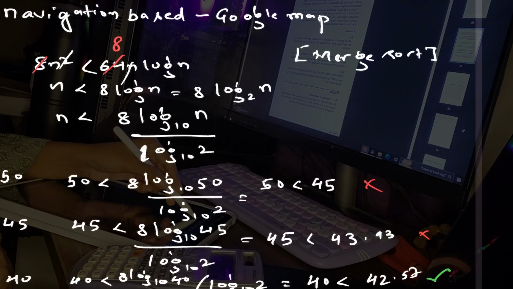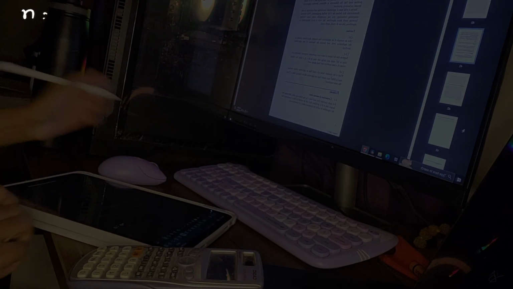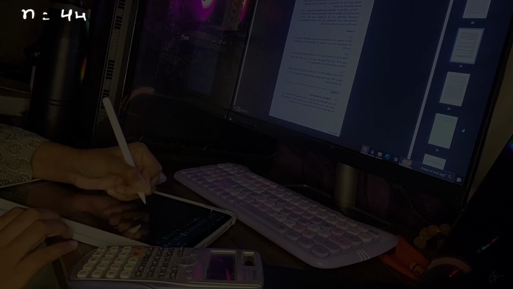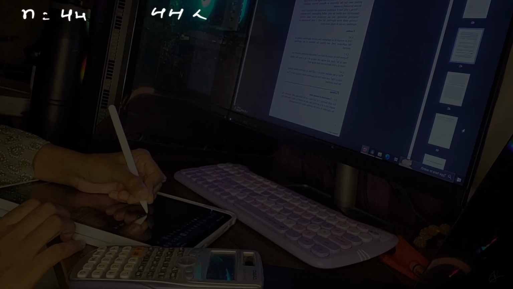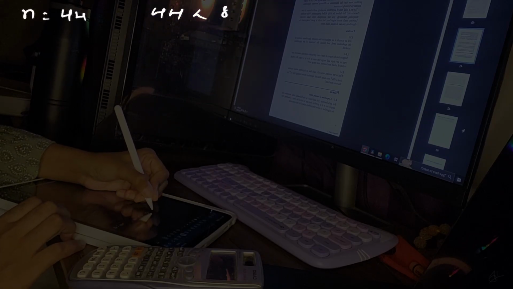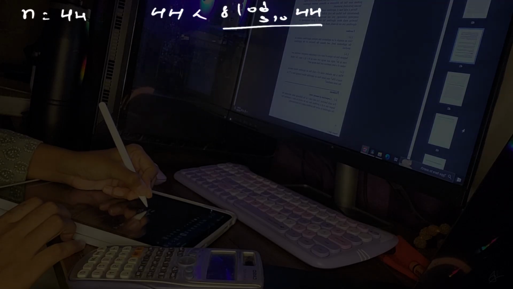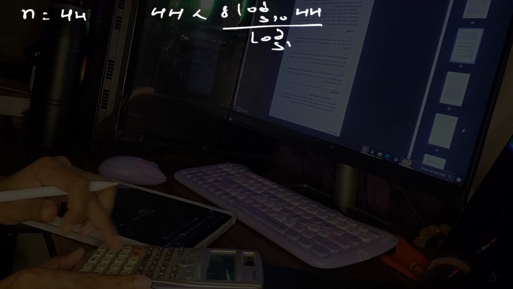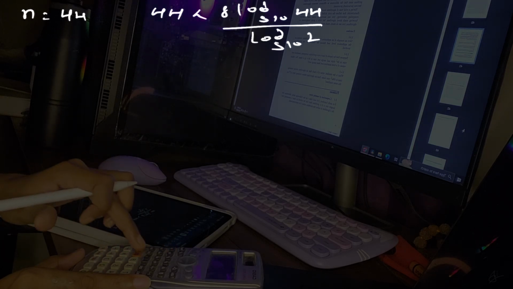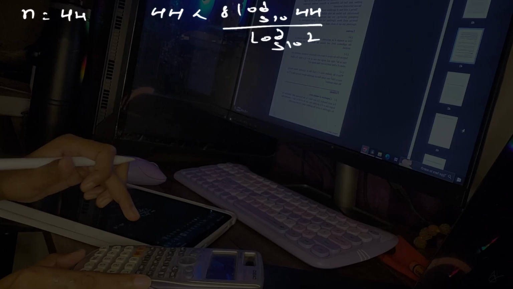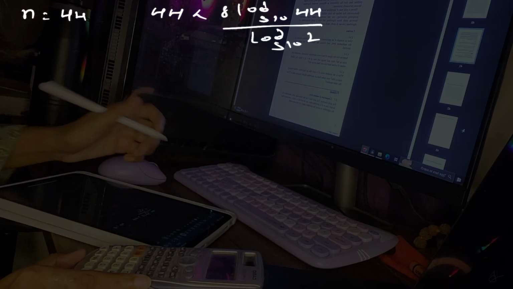Let's try 44. So we have n is equal to 44, and is 44 less than 8 times log base 10 of 44 divided by log base 10 of 2, which is nothing but log 44 divided by log 2, say 5 point something, into 8?